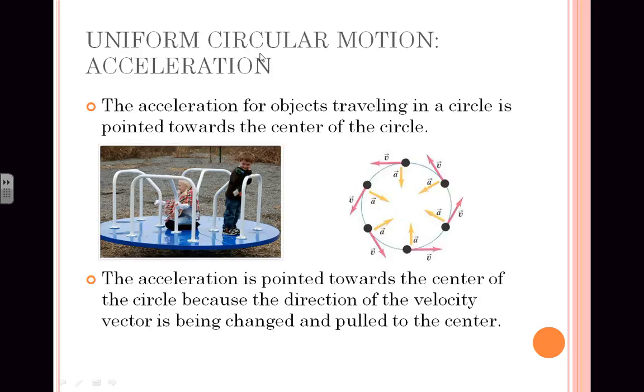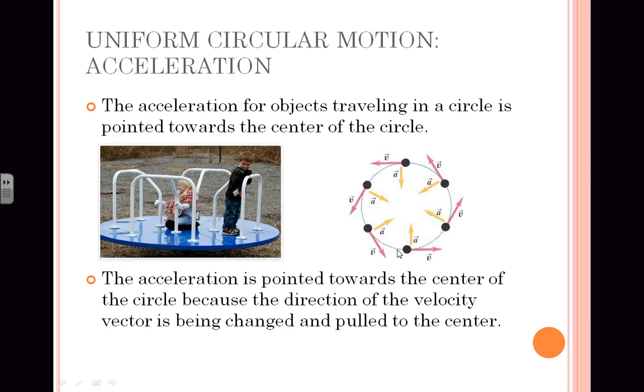All right, so for uniform circular motion, the acceleration of objects traveling in a circle is pointed towards the center of the circle. So you'll notice in this diagram that the acceleration is pointing towards the center instead of alongside the velocity. And the reason for that is because even though you may have the same constant velocity as the object travels around the circle, it's actually changing direction.